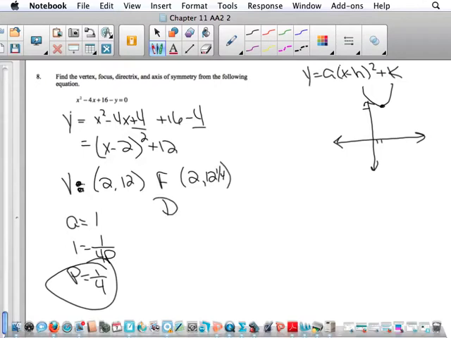The directrix then would be at y is equal to 11 3/4. And then the axis of symmetry is going to be at the x-coordinate, x is equal to 2.